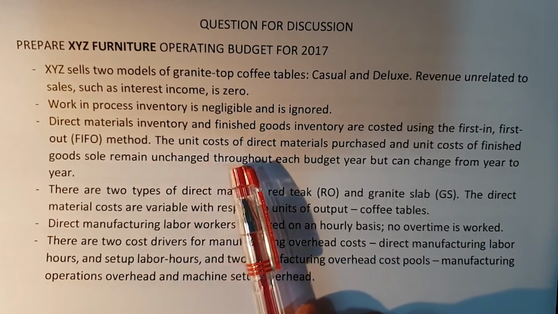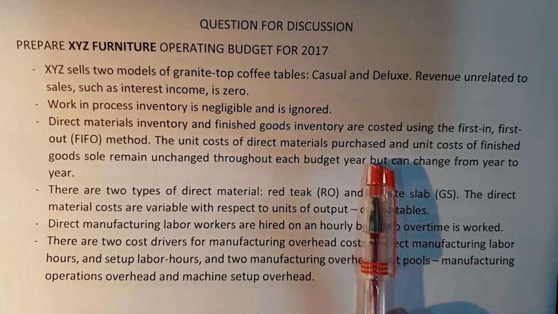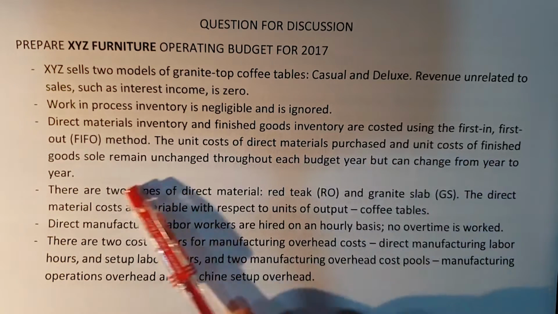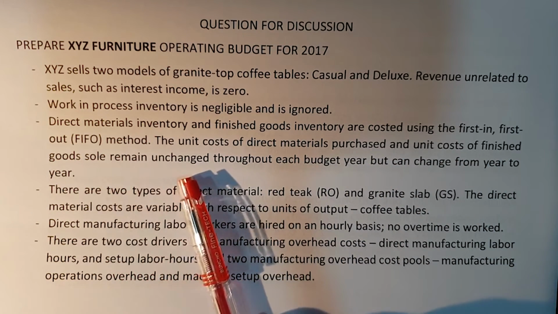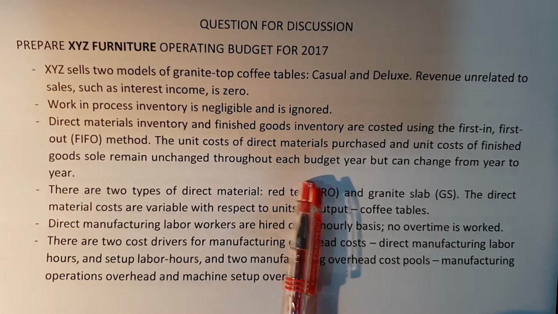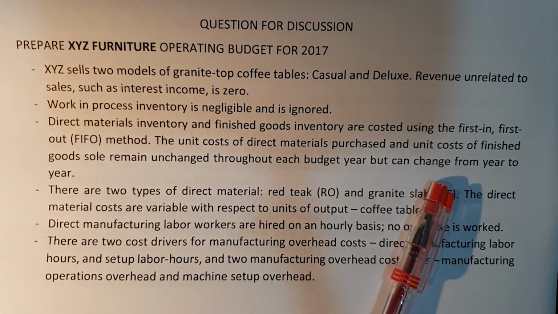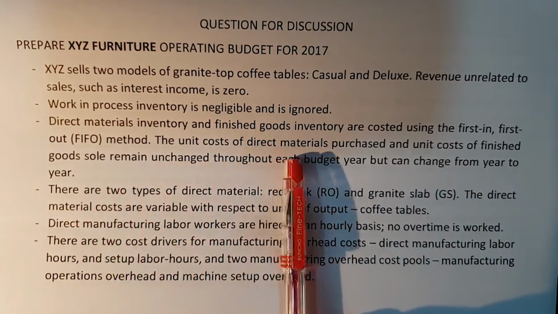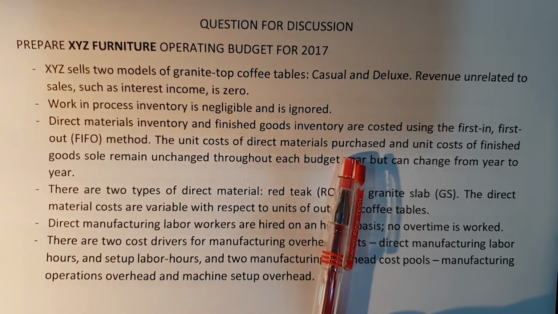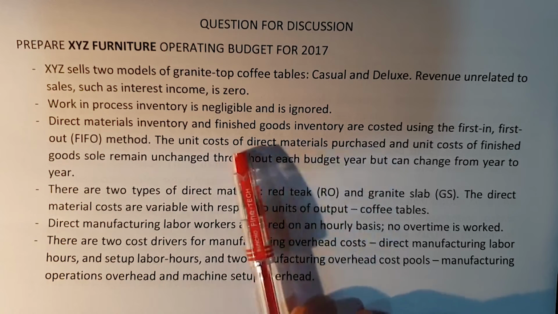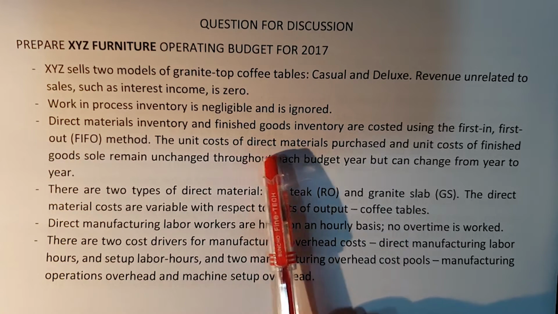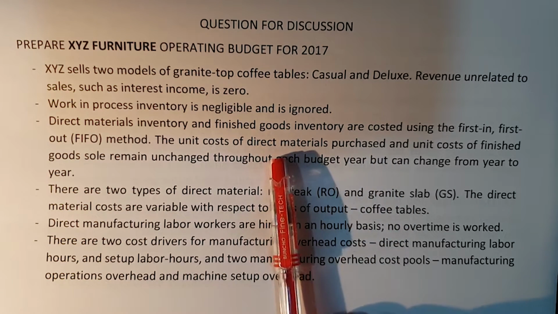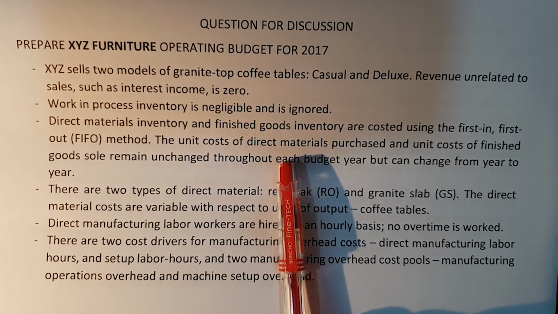The unit cost of direct materials purchased and unit cost of finished goods sold remain unchanged throughout each budget year, but can change from year to year. Okay, so the unit cost of direct material purchase, because we have direct material, direct labor and overhead. So normally direct material is used in the production of the table.